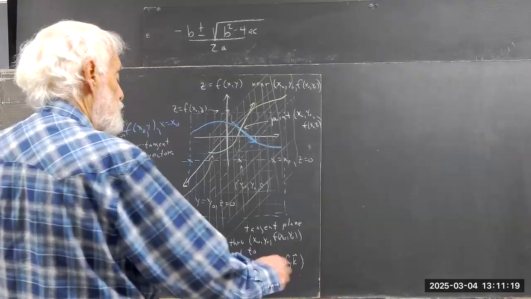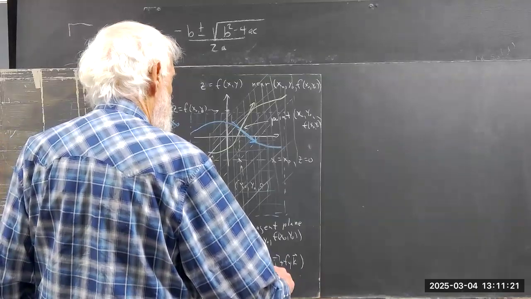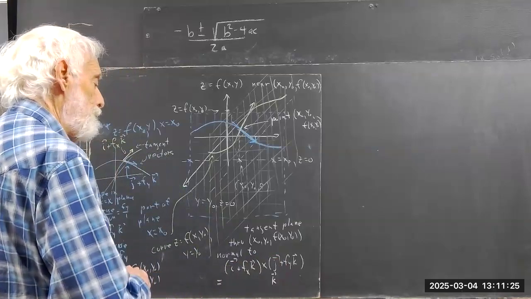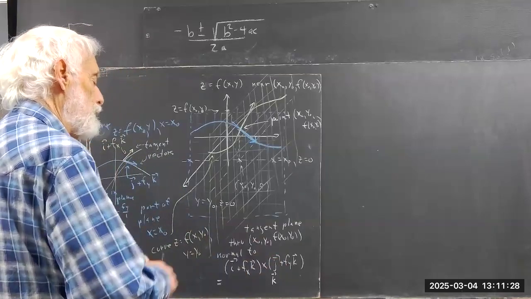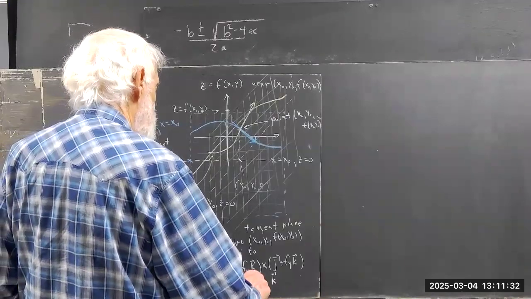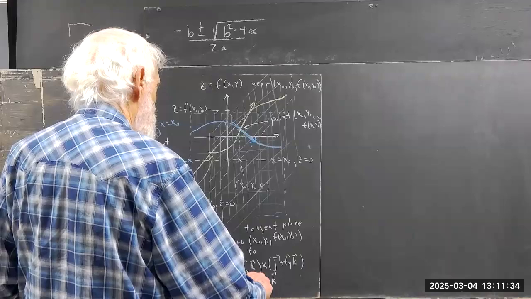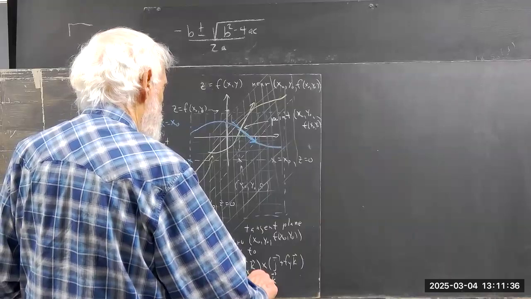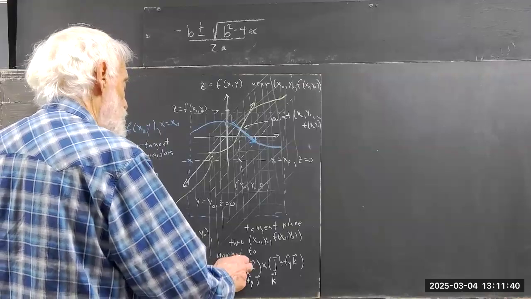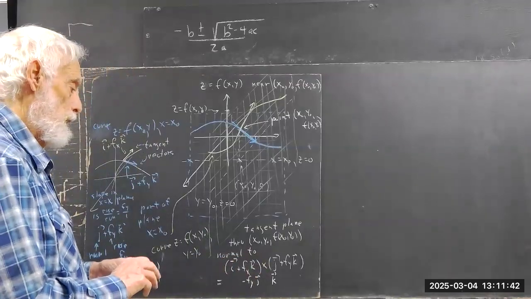Now, i cross j is k. i cross fy k. Well, i cross k is negative j, so we have negative fy k. And k cross j.